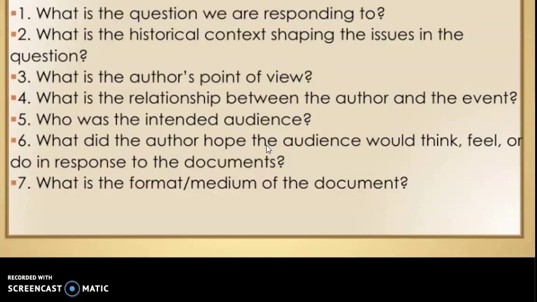And number 6 is essentially the author's purpose: what does the author want the audience to think and or feel after reading the document. And of course, the format and medium could be from a picture to a cave painting to a biography, speech, all that sort of type.